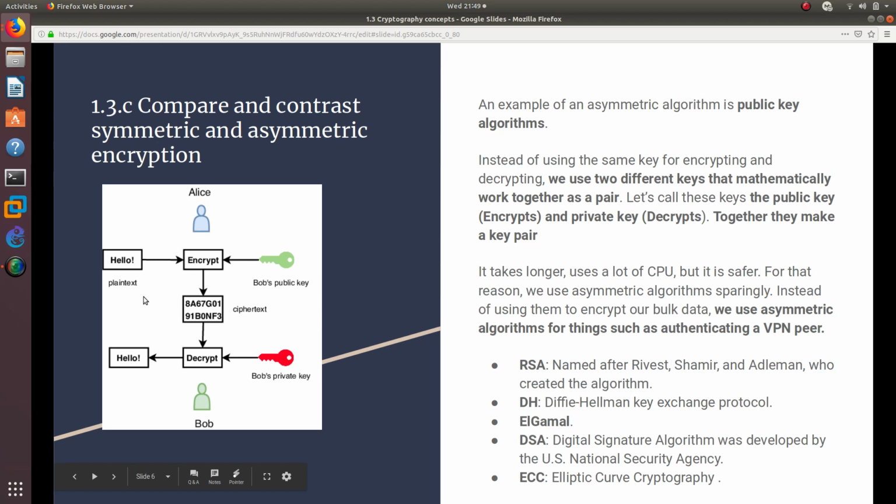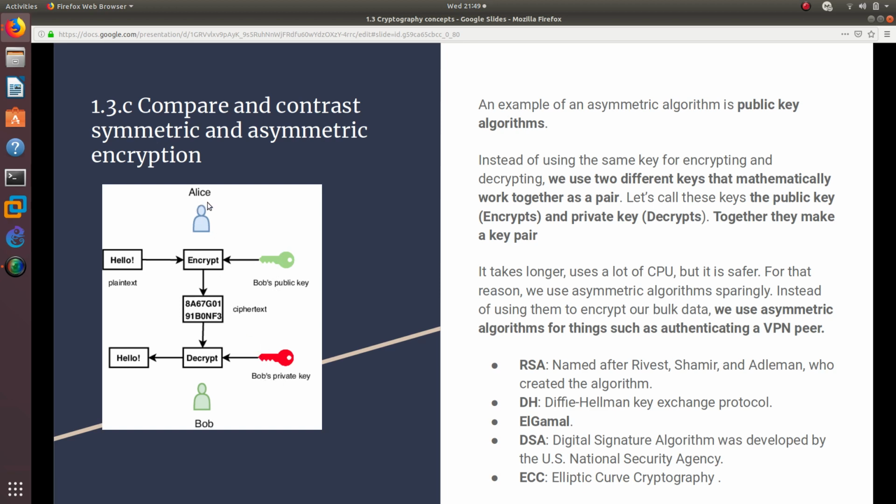And here's a picture of how this asymmetric encryption works. We have Elise right here. Elise uses Bob's public key to encrypt the data, and whenever you use somebody's public key to encrypt data, the only way to decrypt it is with that person's private key.